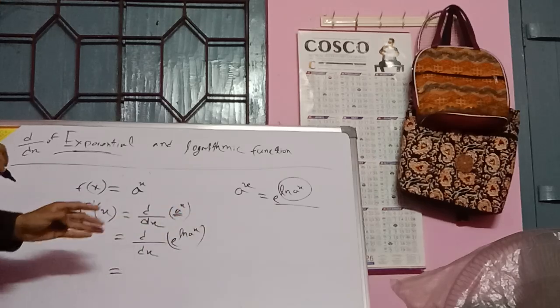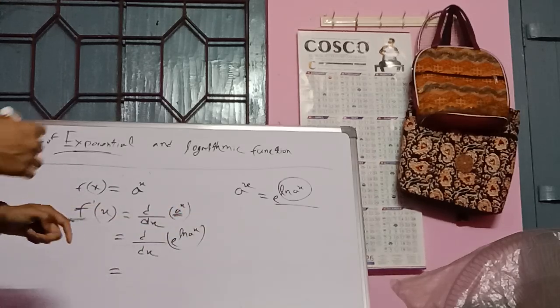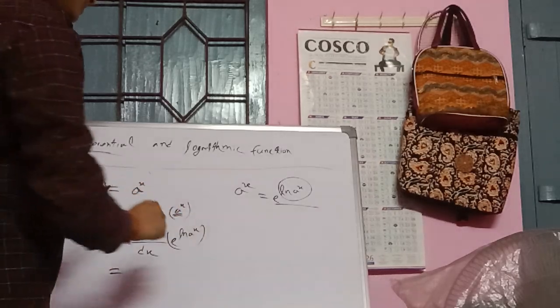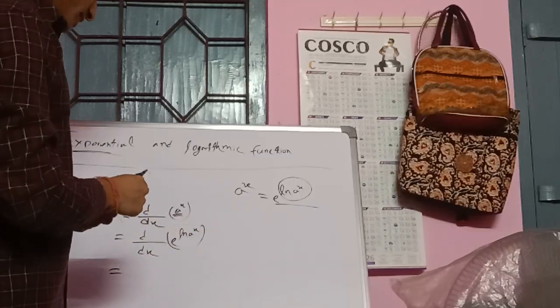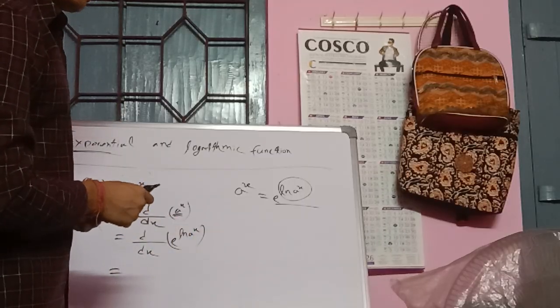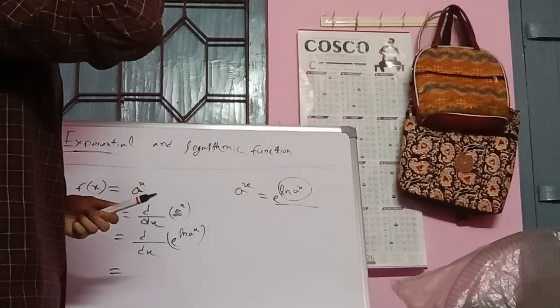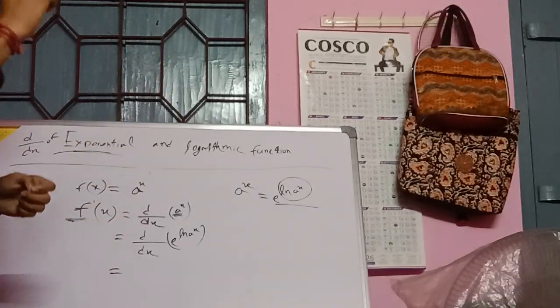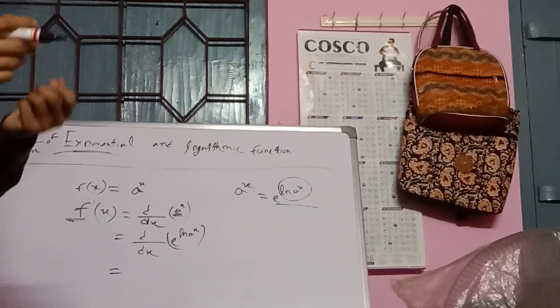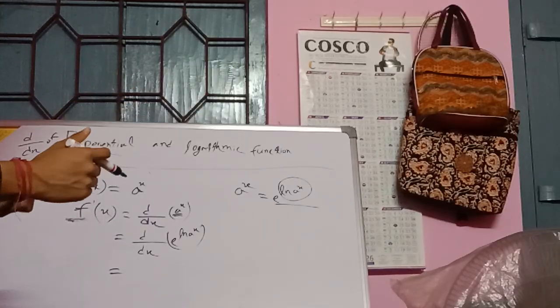From the previous section of this video, we found out what happens when e is raised to a constant times a variable. Actually it's a product of a constant and a variable.